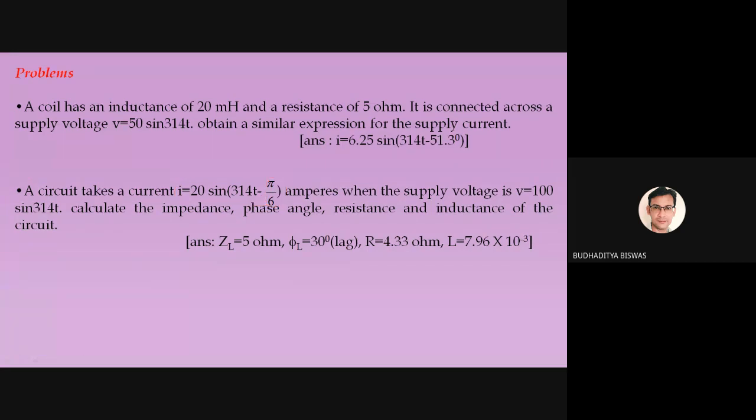So when the supply voltage is v equal to 100 sine 314t, what will be the frequency? Sir, 50 hertz. You don't need to do any calculation or waste time. If sine 314t is there, then definitely you can understand the frequency is 50 hertz. So calculate the impedance. How to find the value of impedance?